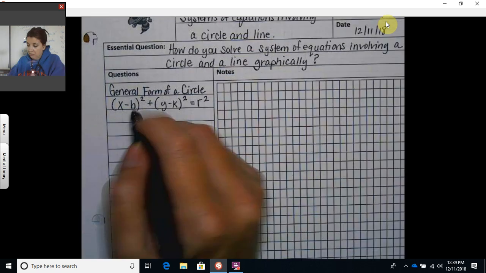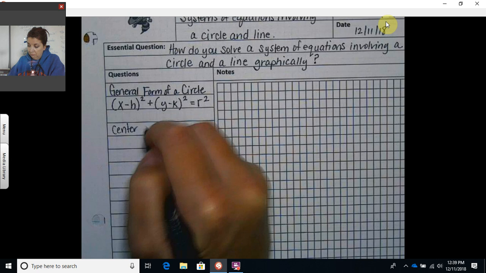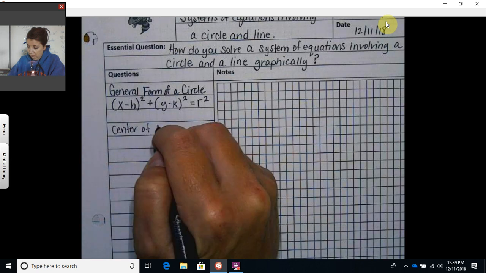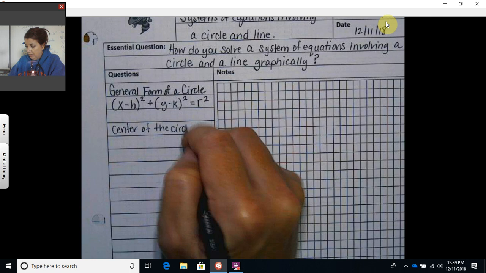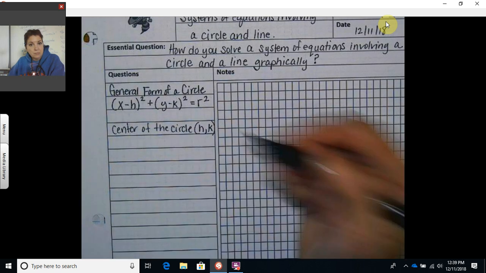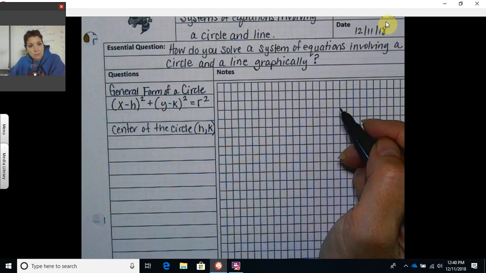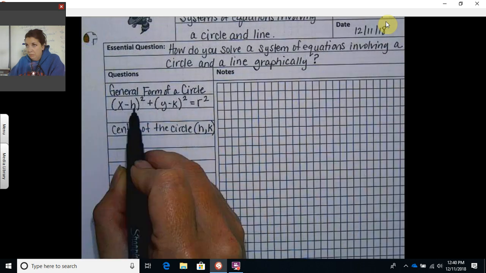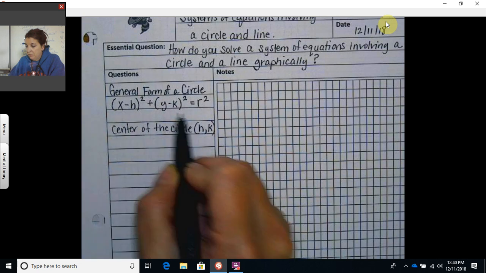Your center of the circle is at h comma k. So that number that's with x is going to be the x value of your center. The number that's with y, the k, is going to be the y value of the center.